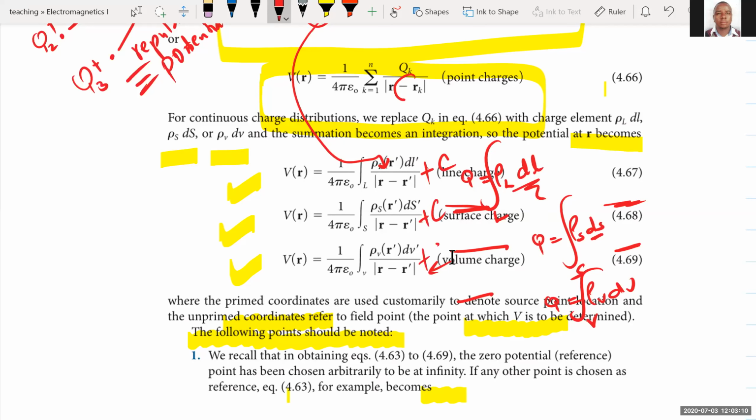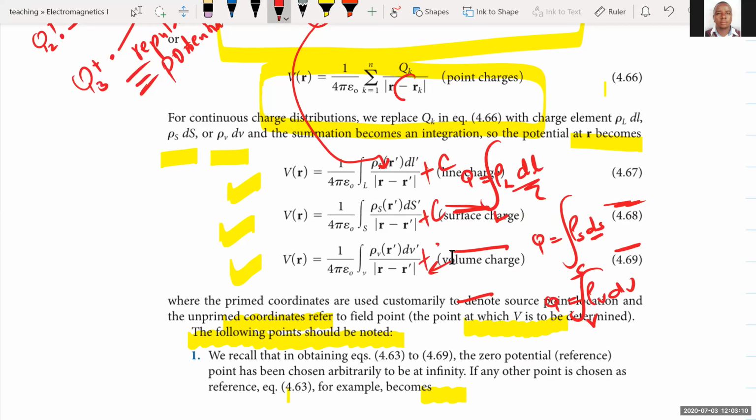If you don't know the charge distribution and we only know E, then we use equation 471.